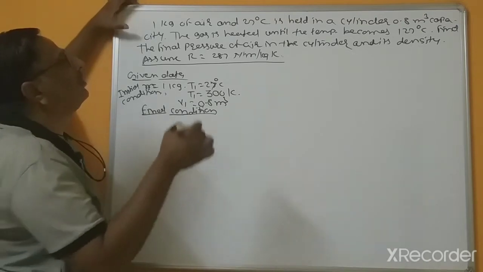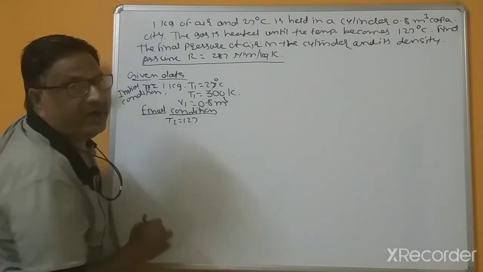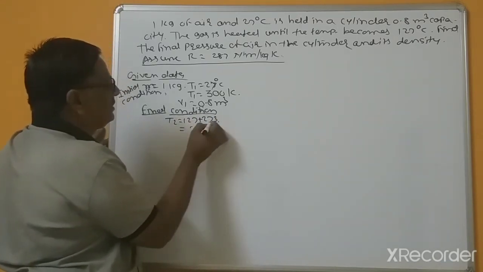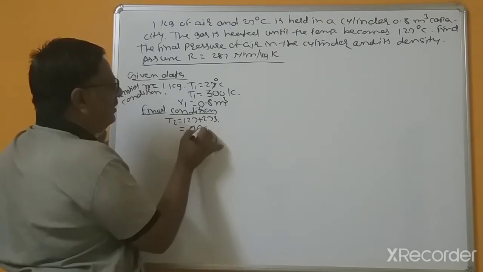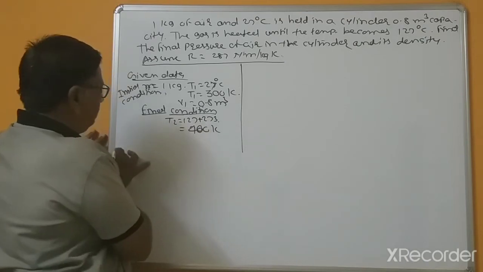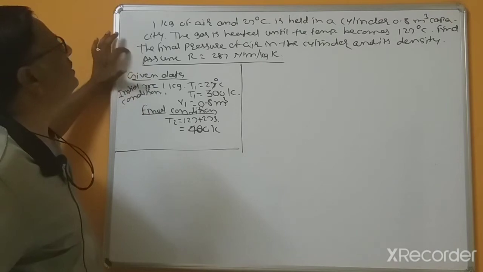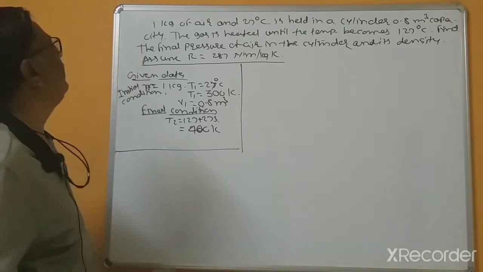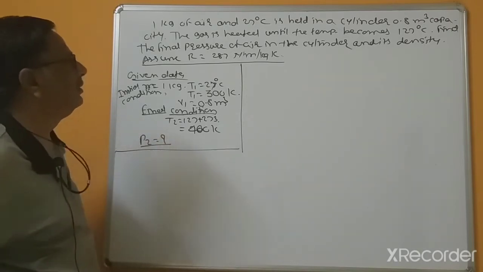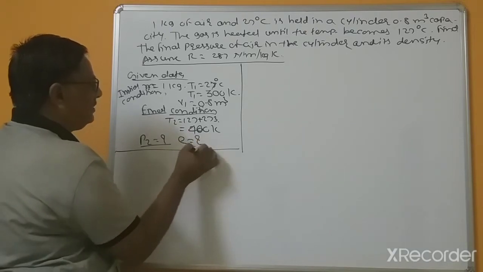Now this temperature becomes 127, means T2 equal to 127 plus 273. This becomes 400 Kelvin, right? And the final pressure of air in the cylinder is to be found. So what is asked? P2 and its density.